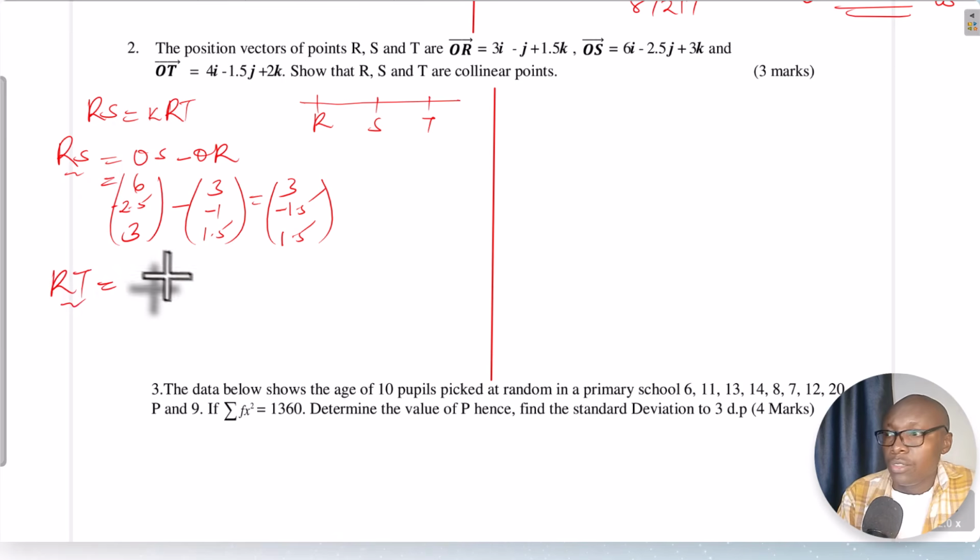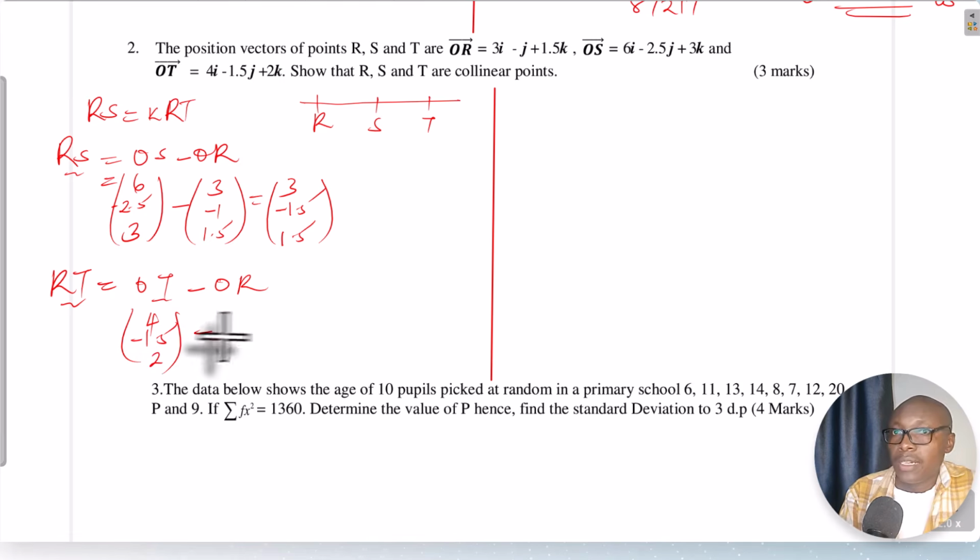For RT, you get OT subtract OR. Where is OT? OT is 4, negative 1.5, and 2. Then subtract OR. OR is 3, negative 1j, and 1.5k.